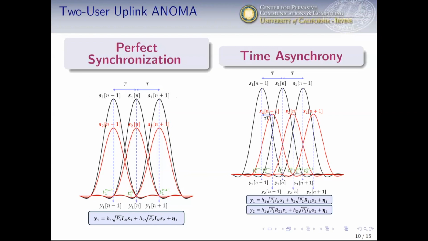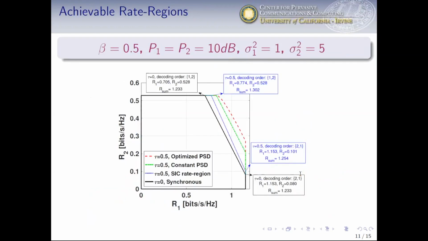And this is what we call sampling diversity. In fact, this sampling diversity will enlarge the rate region of the uplink NOMA. As a result, the benefits of sampling diversity are more than the disadvantages of the inter-symbol interference.